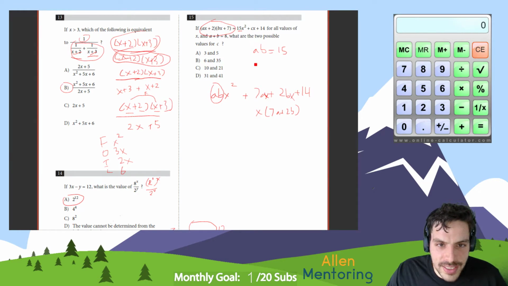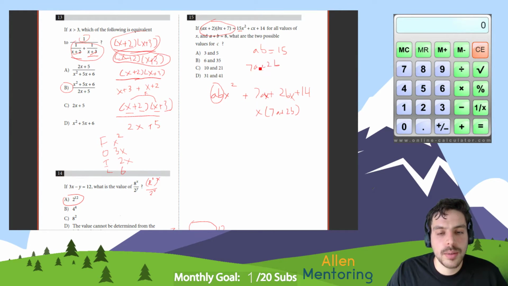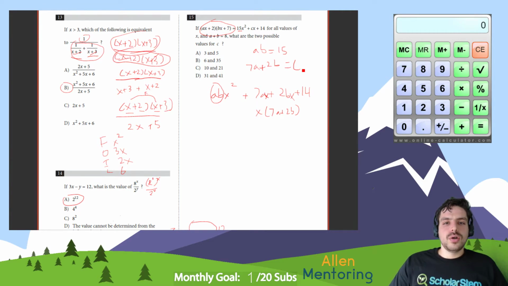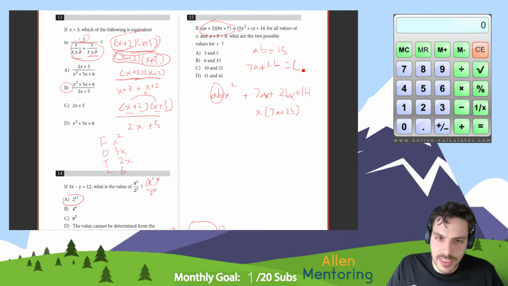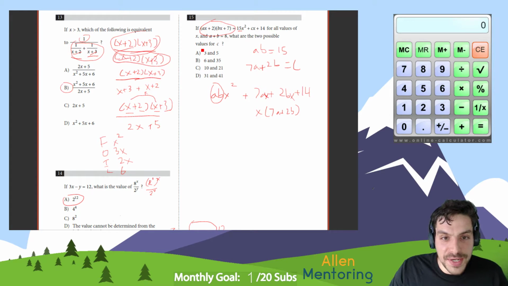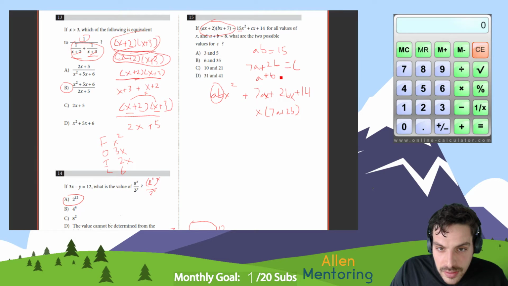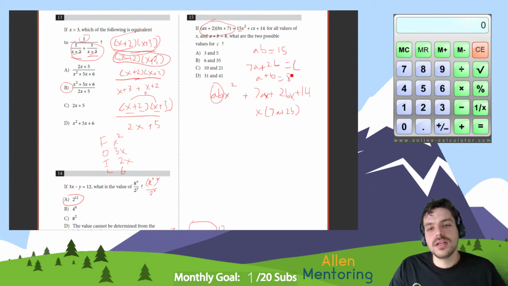So I see that 7a plus 2b must be equal to c. Okay, so now we're getting somewhere. 7a plus 2b is equal to c. And then what they gave us is that a plus b is equal to 8.